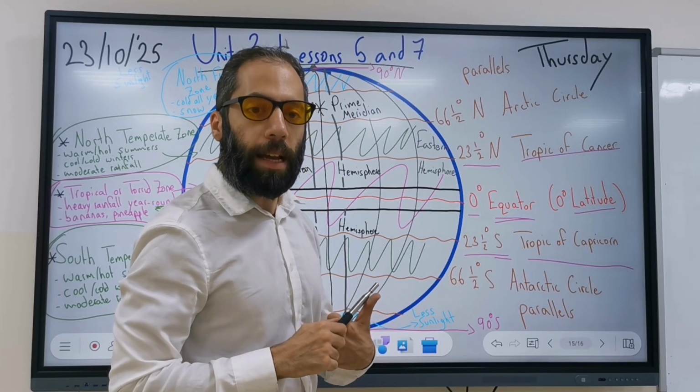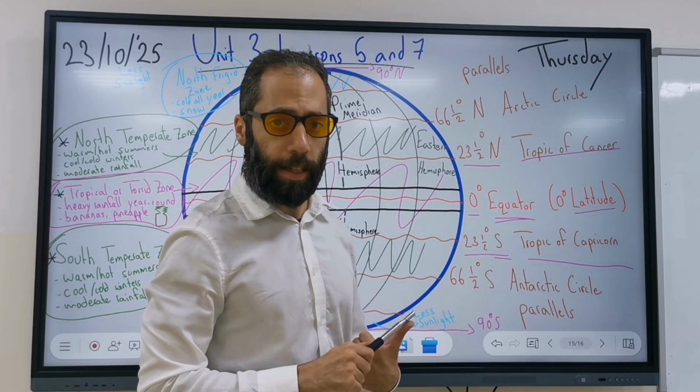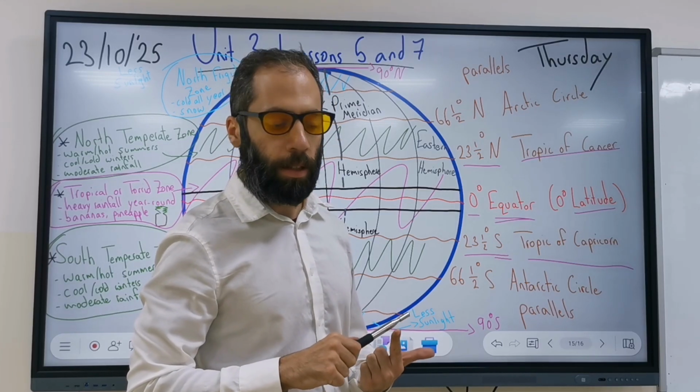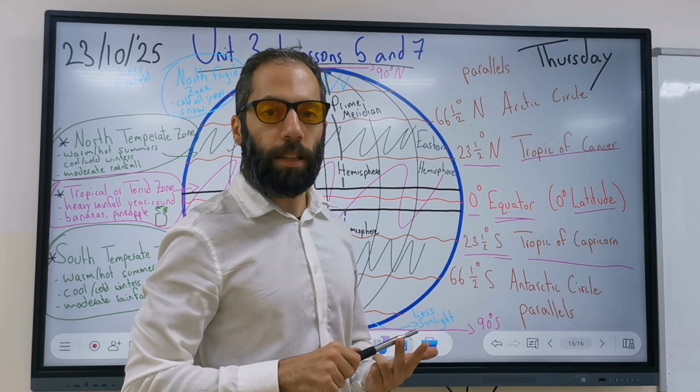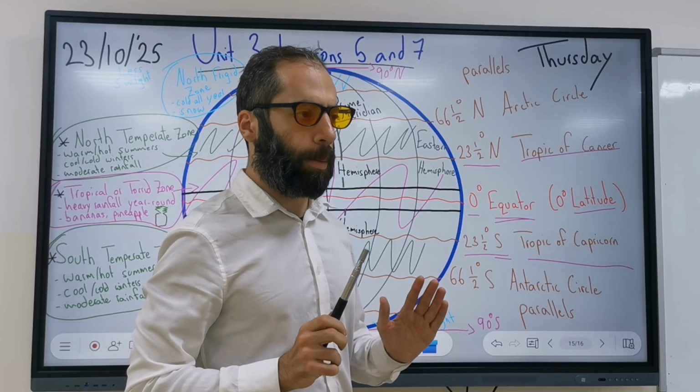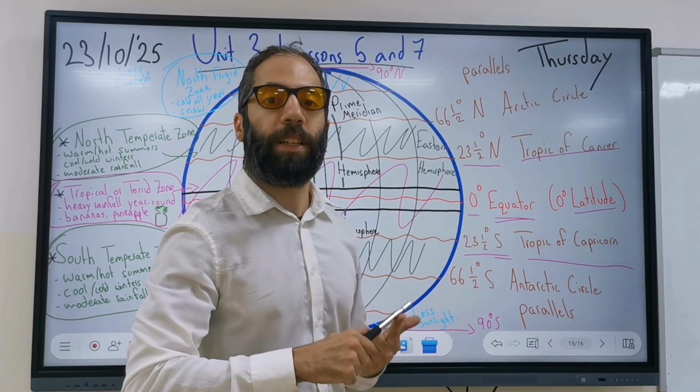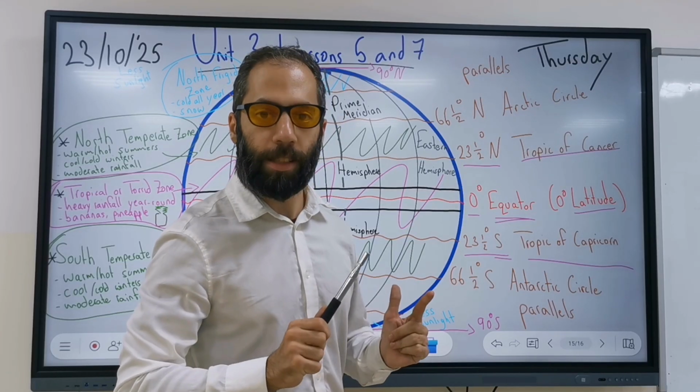So far we have looked at 3 main latitude lines. The equator, and then directly above it, the Tropic of Capricorn, and then directly underneath the equator, what did I just say? Okay, I messed up.